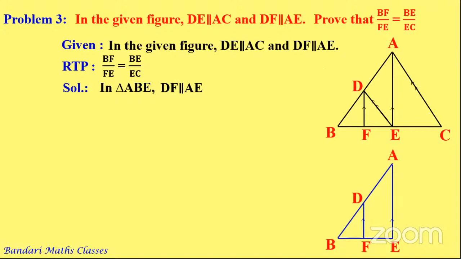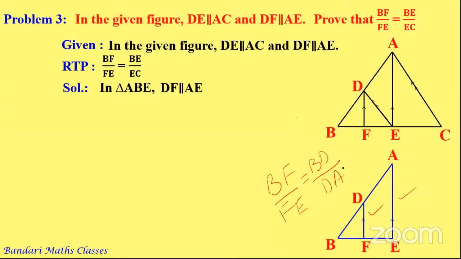BF starts from vertex B, because these two are the parallels. BF by FE equals BD by AD. AD or DA, both are the same. Very good. BF by FE equals BD by DA.